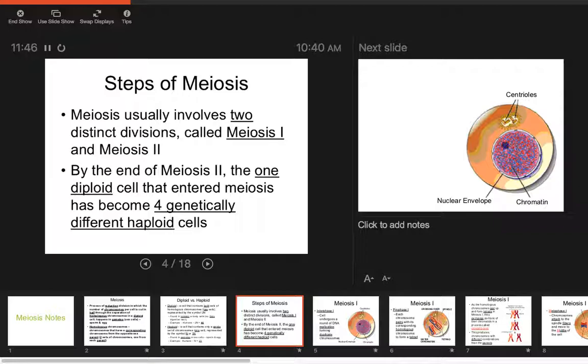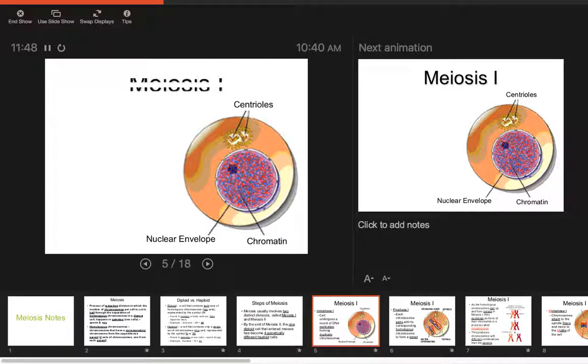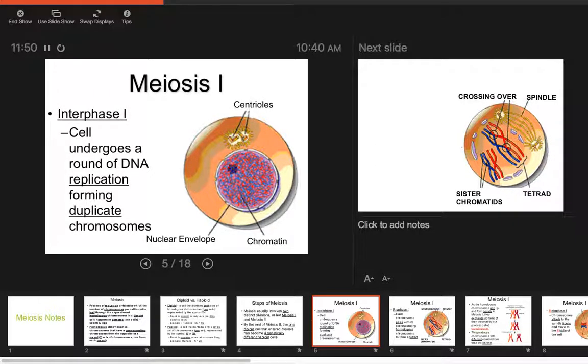Alright. So the first thing that happens for meiosis 1 is interphase. Interphase still does occur one time. It only happens before prophase 1, basically. DNA is replicated again. So if you look up here, I did a little diagram just so we can follow along.